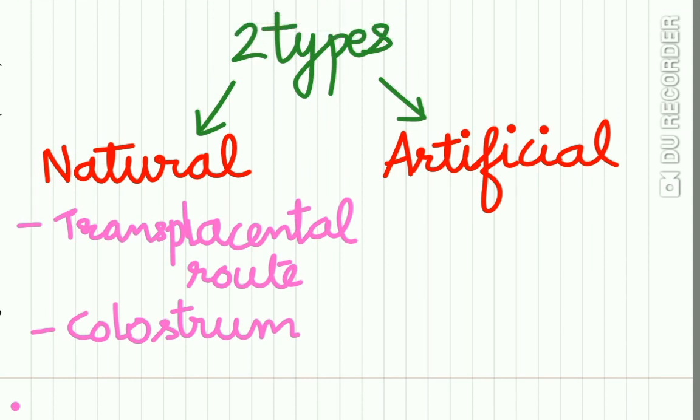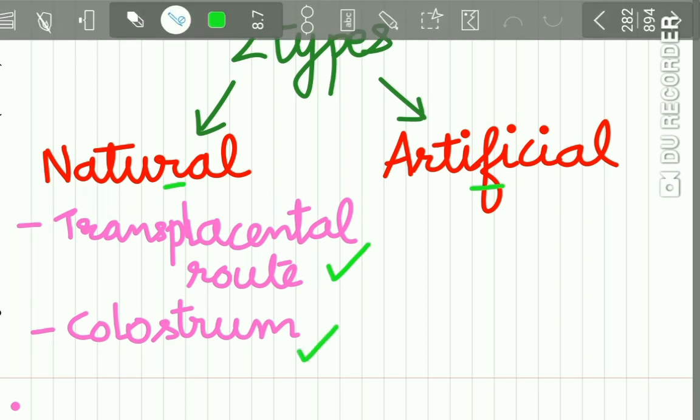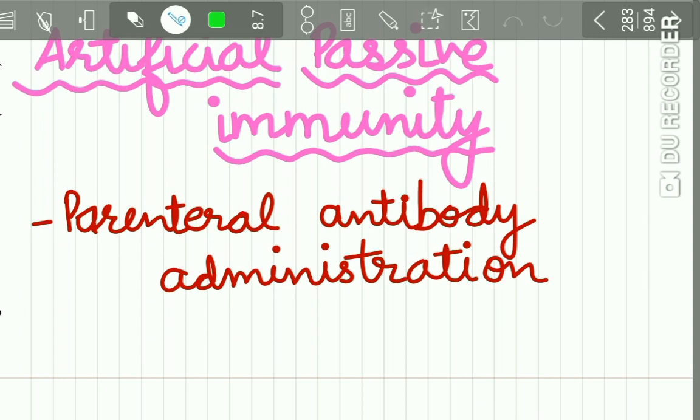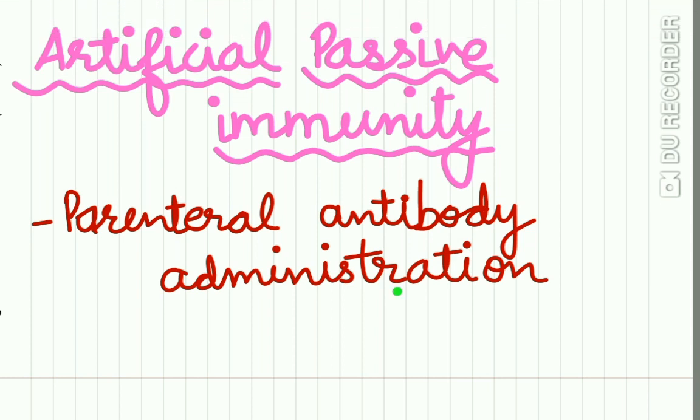Now, this passive immunity is again of two types, the natural and the artificial. The natural passive immunity is acquired through transplacental route or through the colostrum, while the artificial passive immunity is through the parenteral antibody administration.